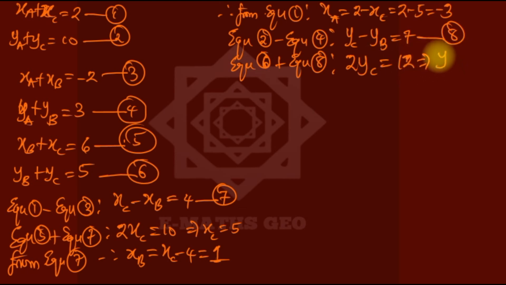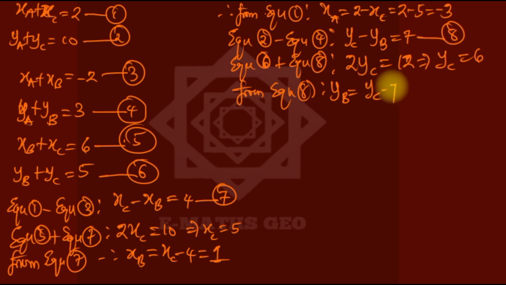Which implies that YC is 6. Therefore, from equation 8, we see that YB is YC minus 7, which is 6 minus 7, which is minus 1.